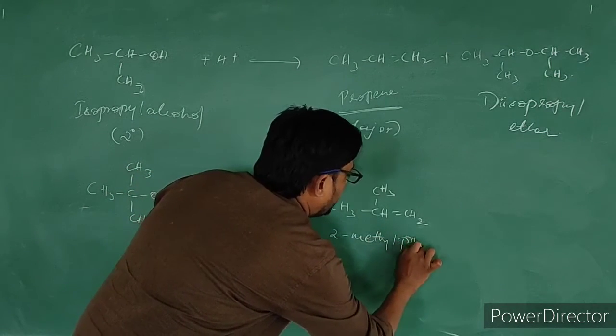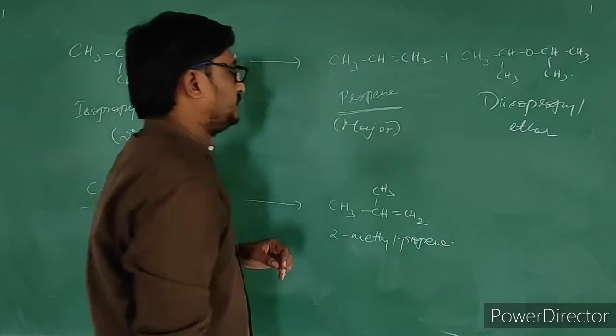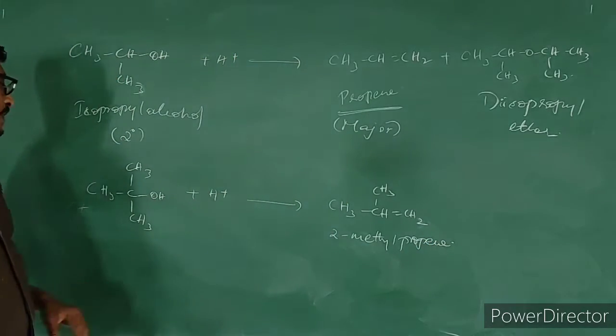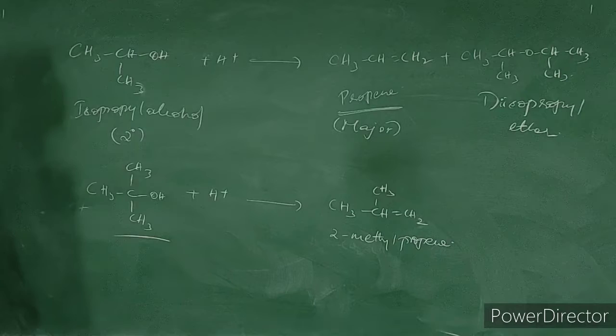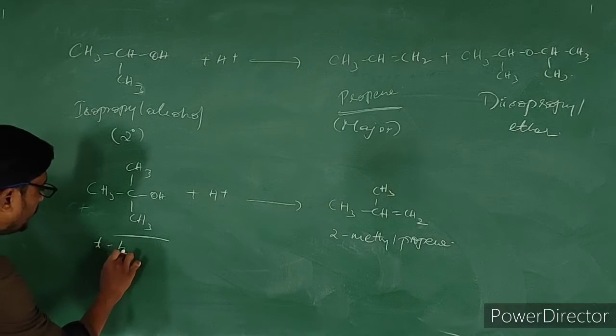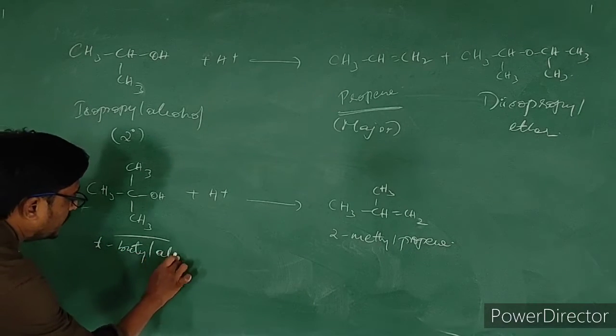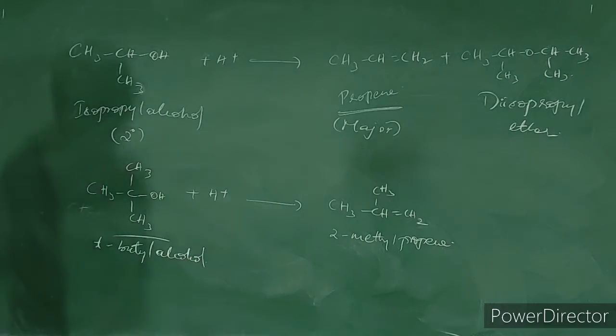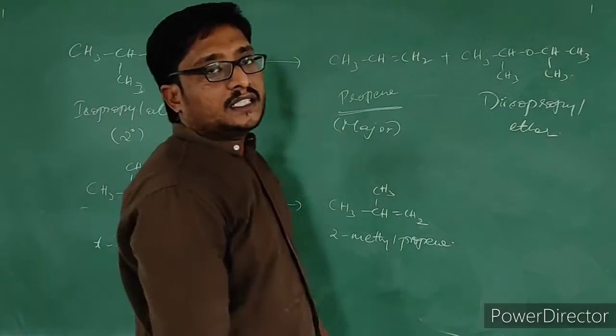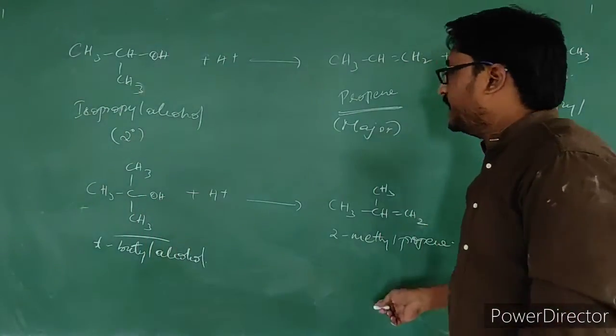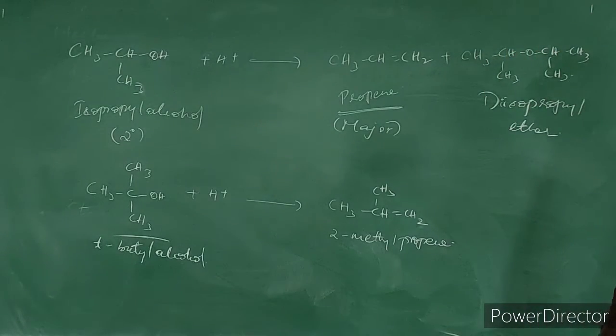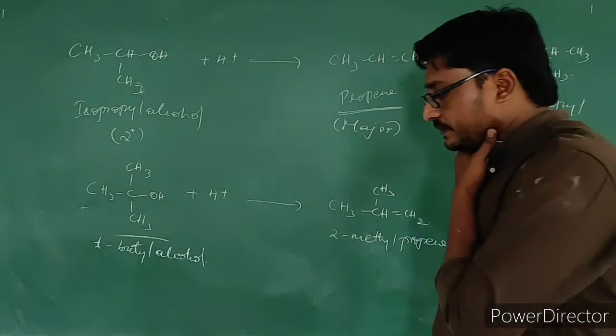This is the major product of the tertiary alcohol. This is nothing but tertiary butyl alcohol. So 2-methyl propene will be the major product. Please remember these things.